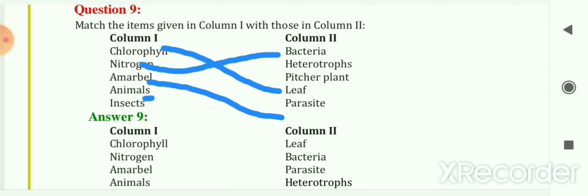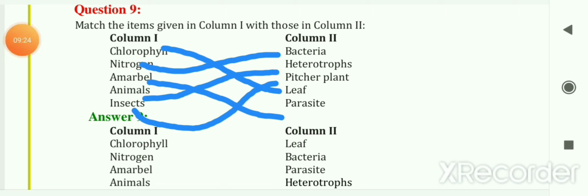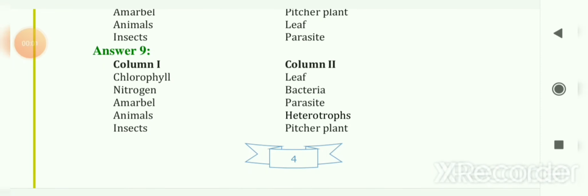So they are the heterotrophs. And last one is insect. So pitcher plants use the insects, or they are fed by the pitcher plants. So here the answer for the matching is given in column 2.